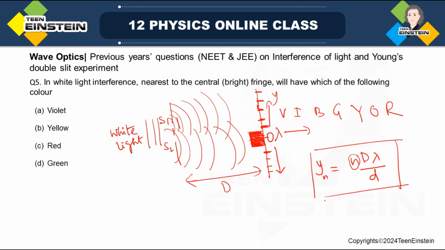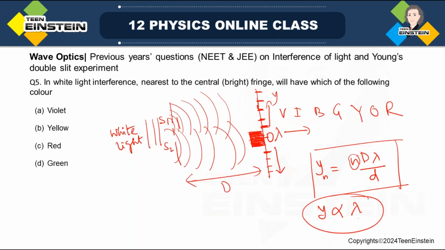The position of the different colors will depend on the wavelength of the color itself. So y is directly proportional to lambda.